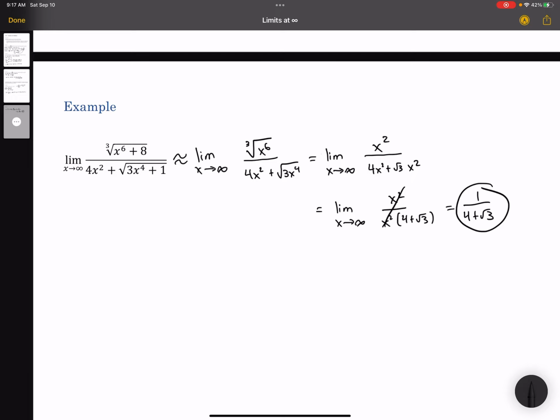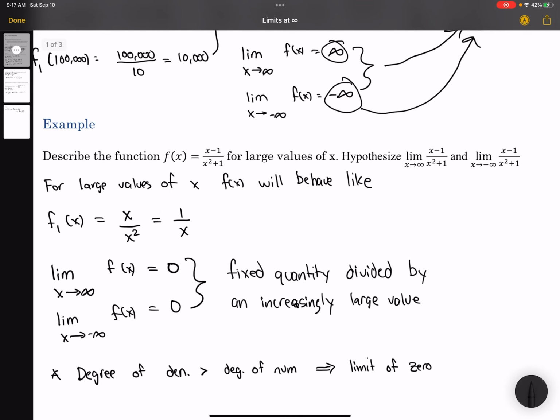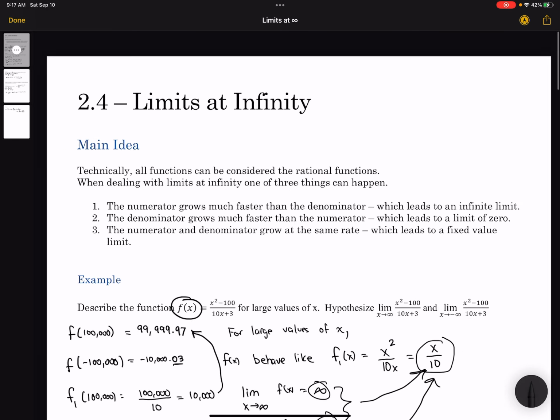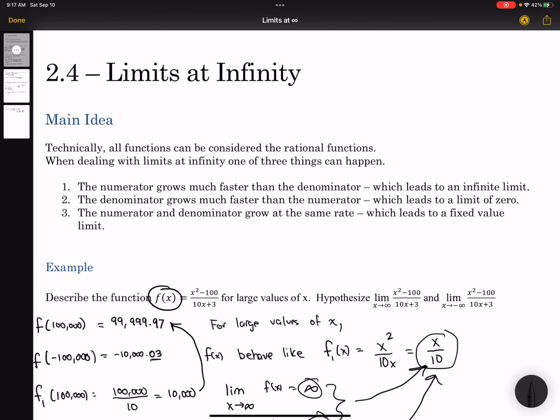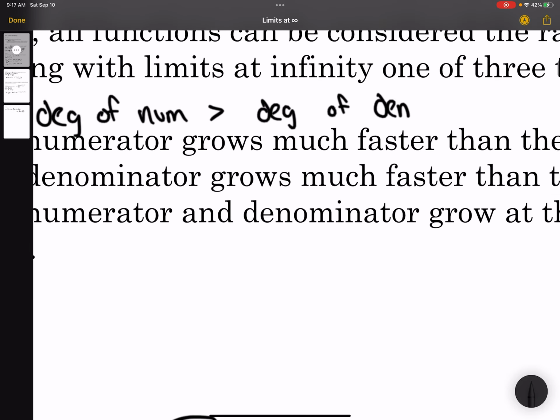All right, that concludes our video on limits at infinity. So let's recap quickly what we talked about. For our first point, this is going to be when the degree of the numerator is greater than the degree of the denominator. For our second example, let's zoom in.